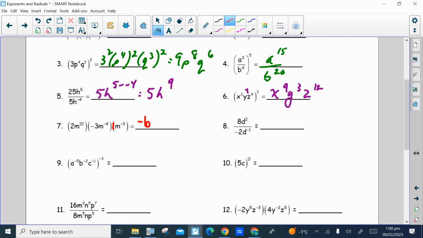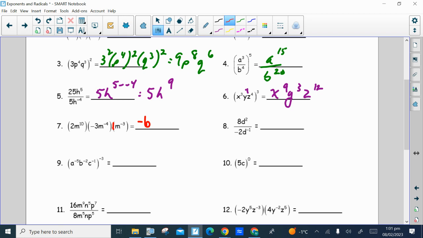And now we multiply the 3 m's together. What do we have to do, Alicia? Who? We're multiplying those 3 m's together. What do we have to do? When you multiply m to the 10 times m to the negative 4 times m to the negative 3, what do we do? Okay.